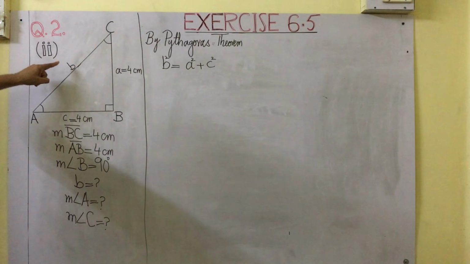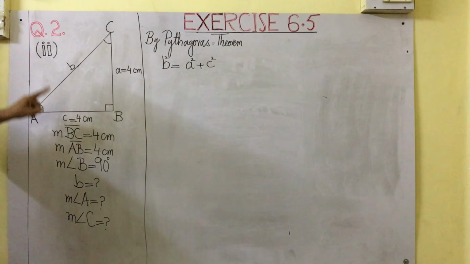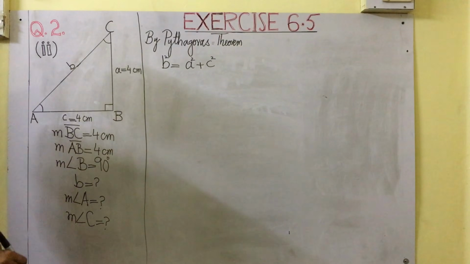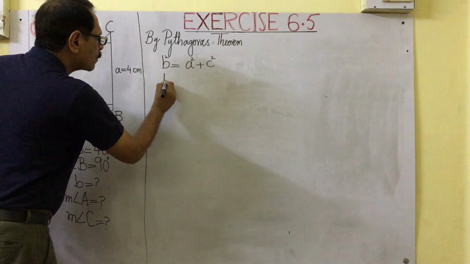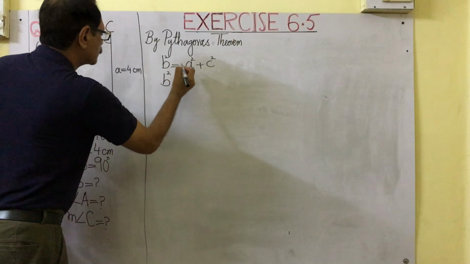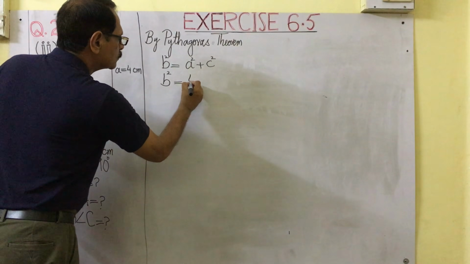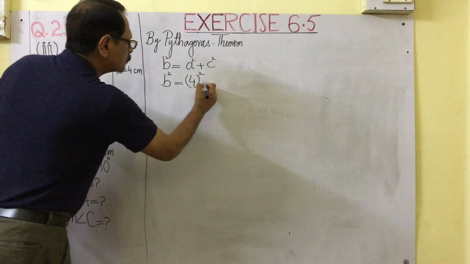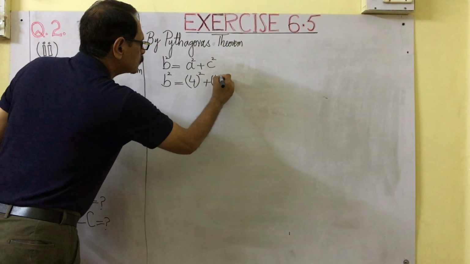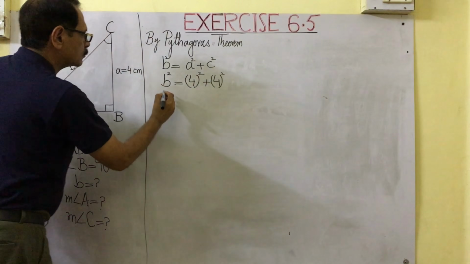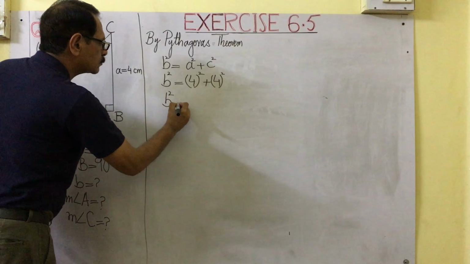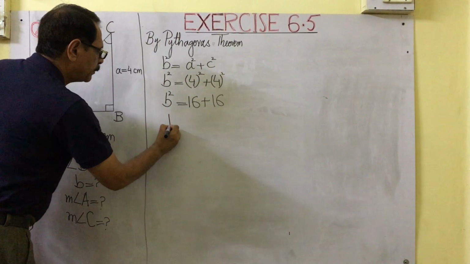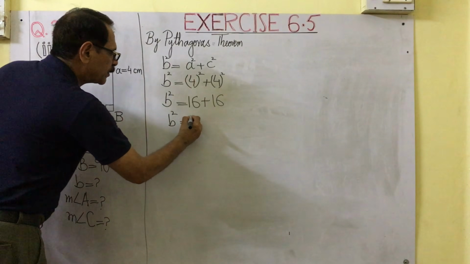That is, hypotenuse square is equal to base square plus perpendicular square. Putting the values, B square is equal to 32.